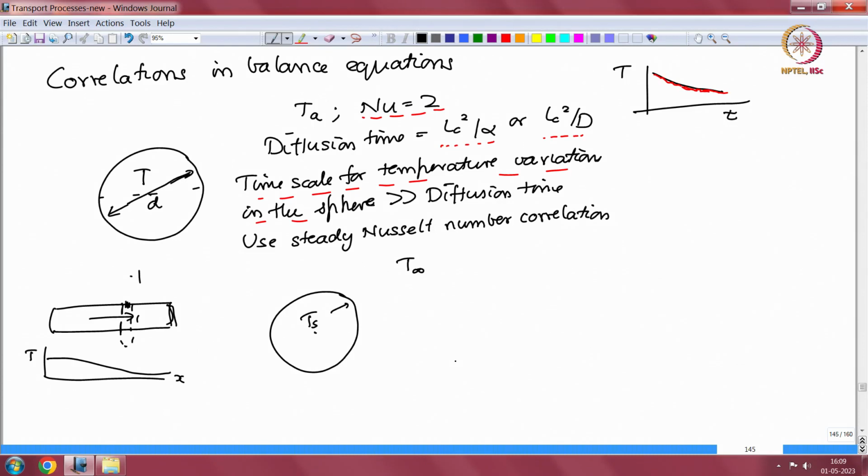And we had calculated the rate of energy transport or the rate of dissolution under the condition that the time scale for the temperature variation or the diameter variation is much greater than the diffusion time. Low Peclet number limit, diffusion time is length square divided by the diffusivity.